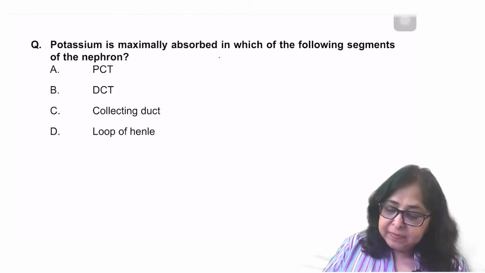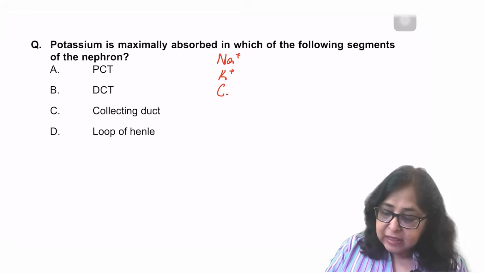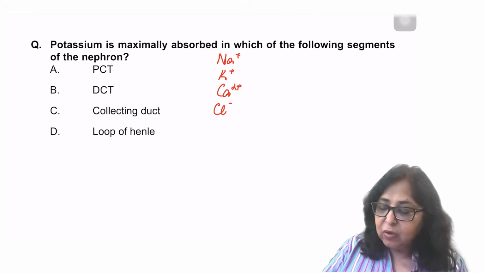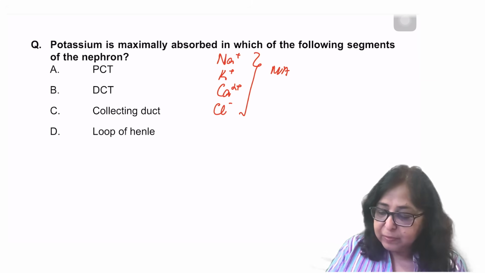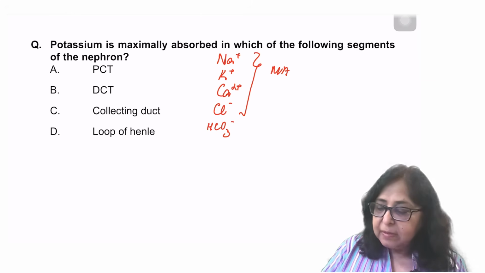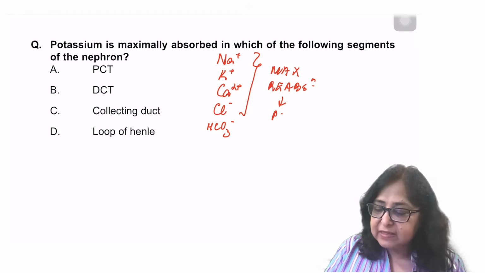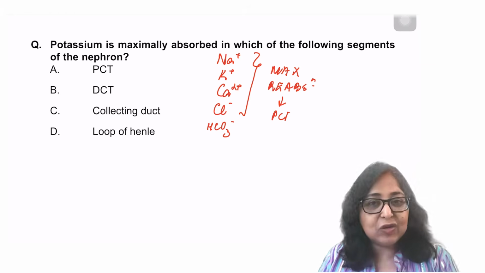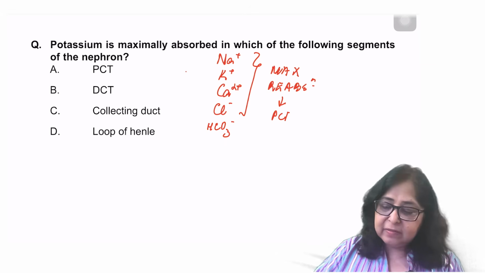Potassium is maximally absorbed in which of the following segments of the nephron? Now please remember whether it is sodium, potassium, calcium, chloride, or bicarbonate, maximum absorption will be in the PCT. 60% of these electrolytes will be absorbed in the PCT.